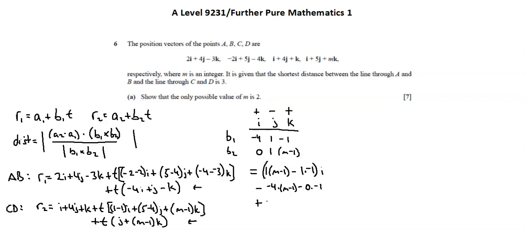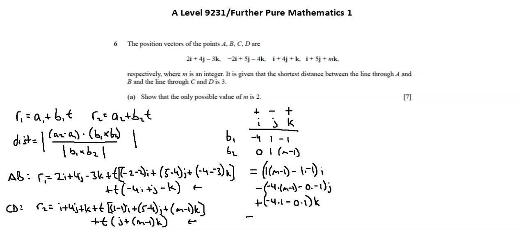And adding for k, I'll use the minor determinant of i and j. So the b1 value for i times the b2 value for j, negative 4 times 1, minus the b2 value for i times the b1 value for j, 0 times 1. I need to bring in my j in the second line and my k in the third line.